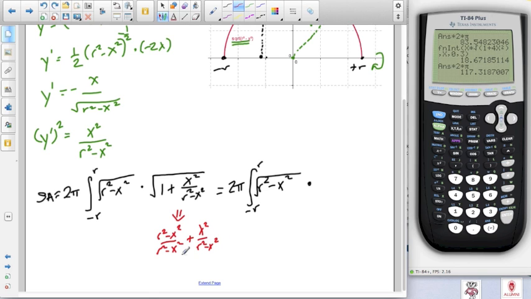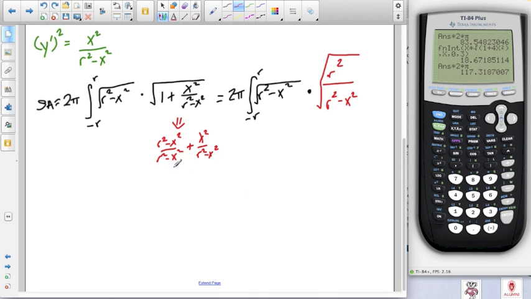So we have common denominators now, and we can add those two fractions. So when we add the numerator here, r squared minus x squared plus x squared ends up just being r squared. And then the denominator is r squared minus x squared. And of course that's all under a radical. Can't forget that, that's pretty important. So writing it as one fraction ends up being that expression right there.